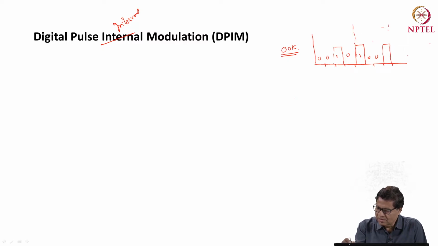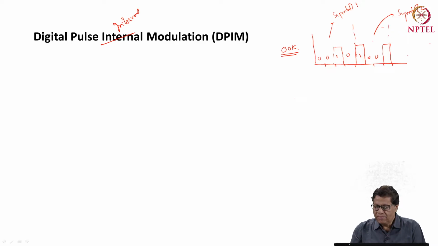This is symbol 1, this is symbol 2. So this is normal on-off keying. And now if you see, the decimal value of symbol 1 is 2, and the decimal value of symbol 2 is 9.